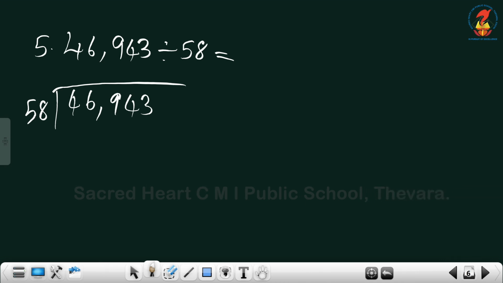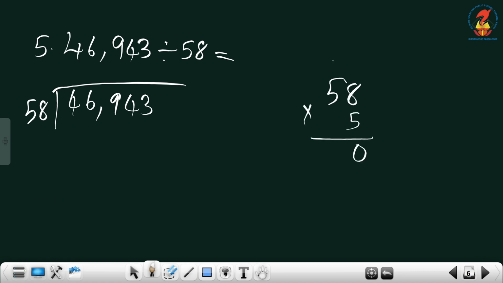Again 46 is less than this, so we need to consider 3 digits together, that is 469. 58 into which number equals 469? 58 into 5 we can check. 8 5s are 40, 5 5s are 25 plus 4, 29. So 58 into a bigger number we can check, 7.